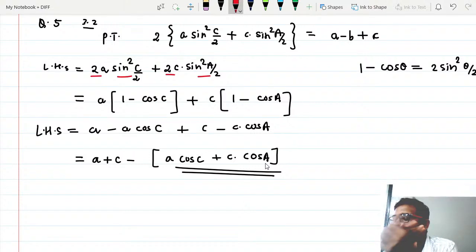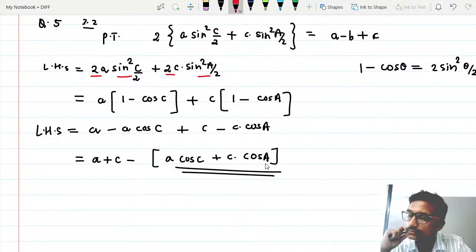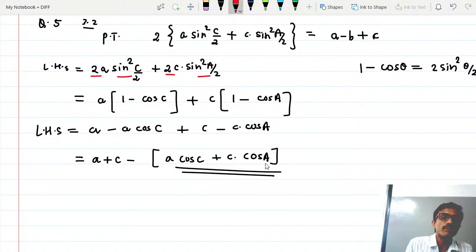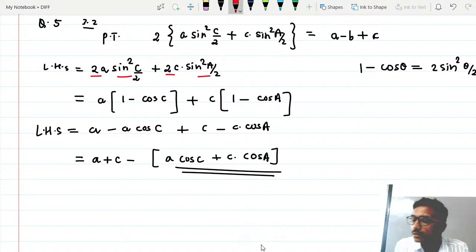We are using the projection rule here. So what is to be written in place of that bracket? I am waiting for your answer. B, absolutely right.